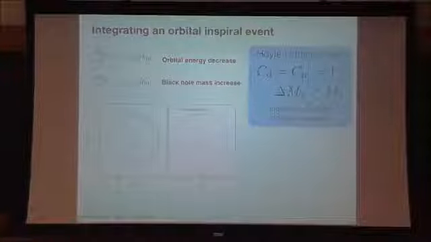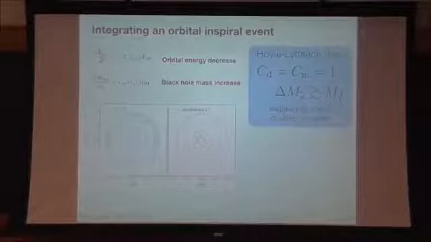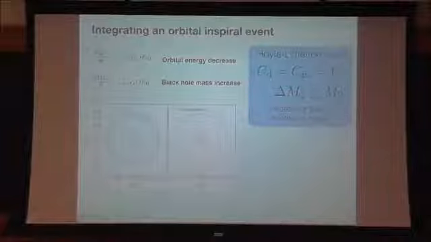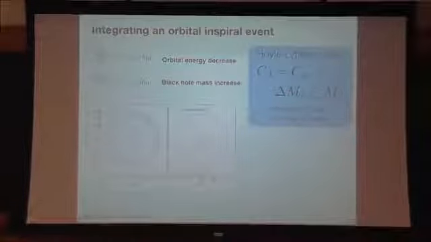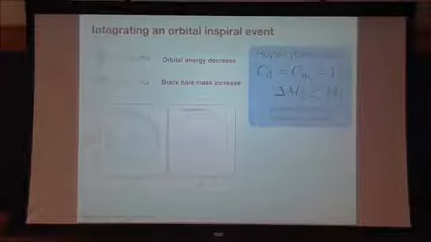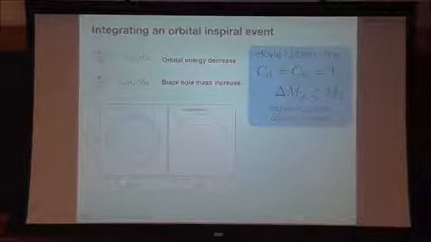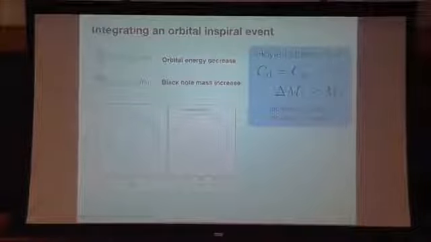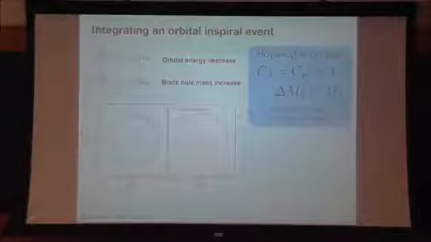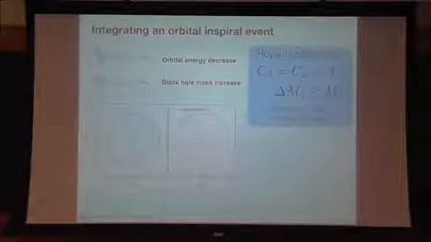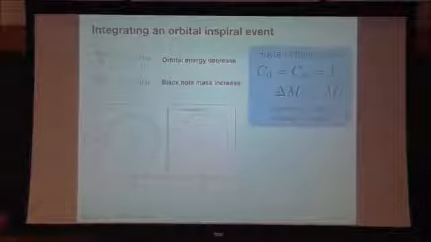But it also means that if I start with a 1.4 solar mass neutron star, I end up with a 2.8 solar mass object, and all of a sudden that gets us into trouble because we see double neutron stars in binaries, like the Hulse-Taylor binary pulsar, and they have masses that are really close to 1.35 solar masses, and they have this really narrow dispersion. So these things can't have gained that much mass.